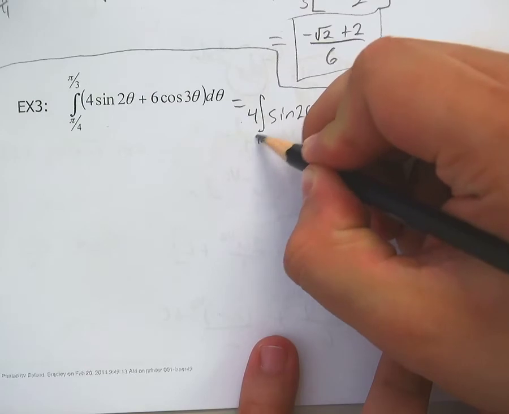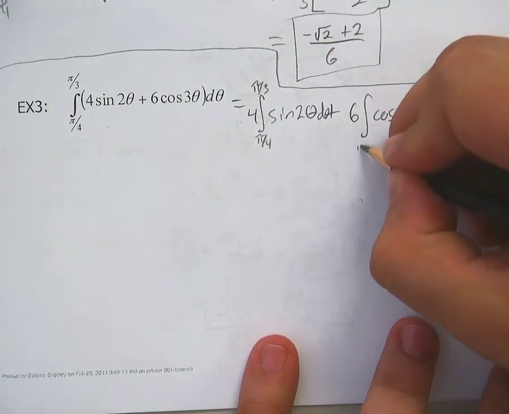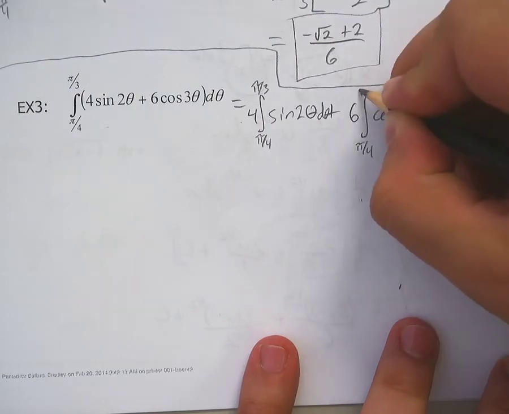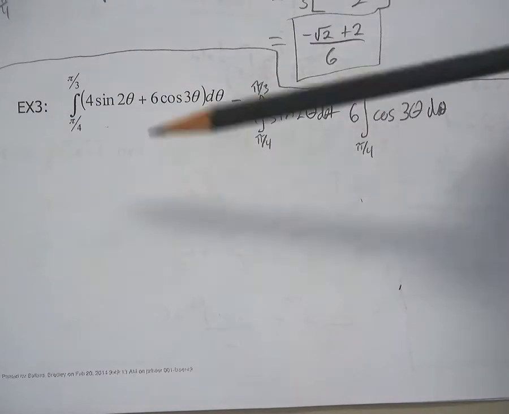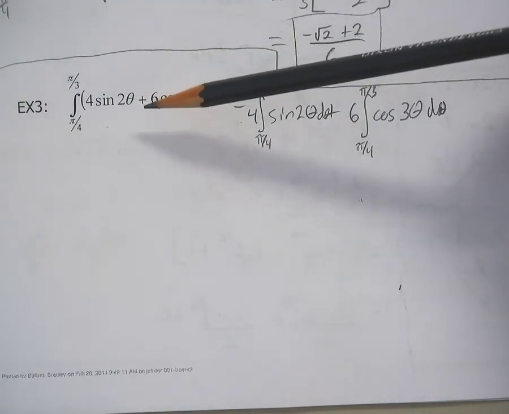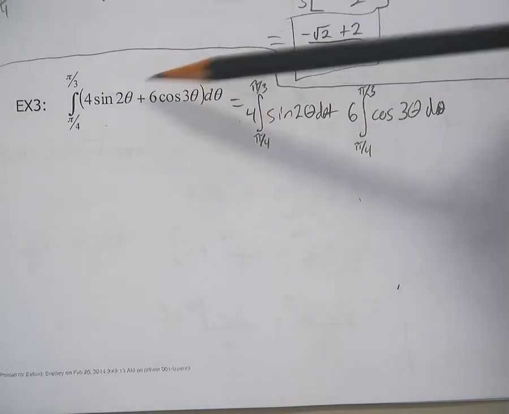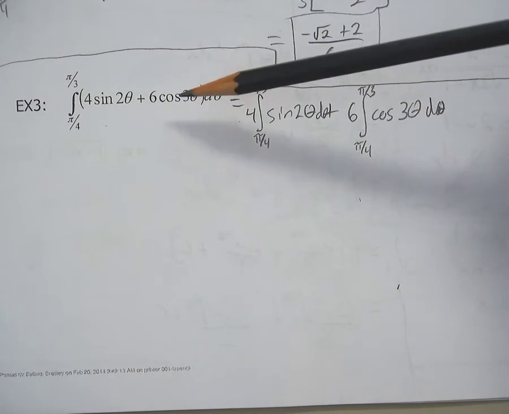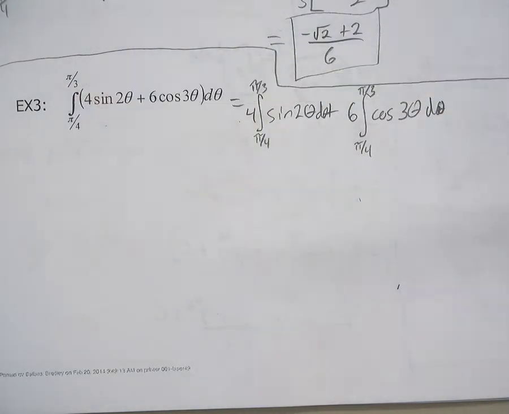Pi over 4 to pi over 3, pi over 4 to pi over 3. I know what you're thinking. Mr. Ballard, I don't understand. Okay. All I'm doing is splitting up the plus sign into two integrals. That's how integrals work. So splitting it up into the integral of this plus the integral of this. And then I've got my coefficients that I can pull out because they're not going to change anything.